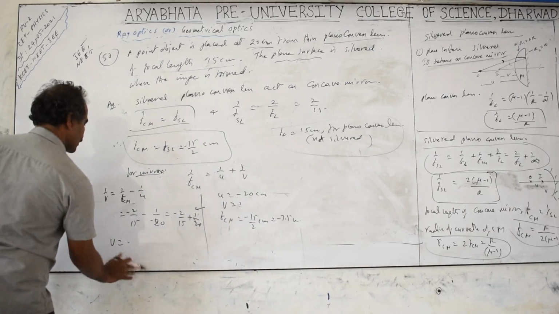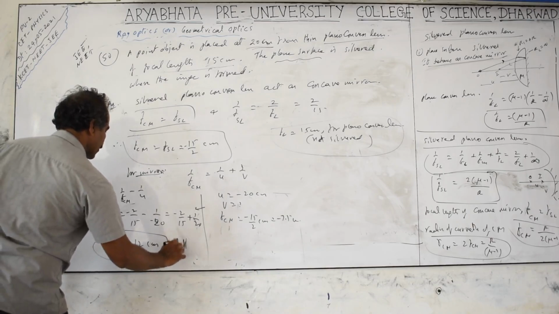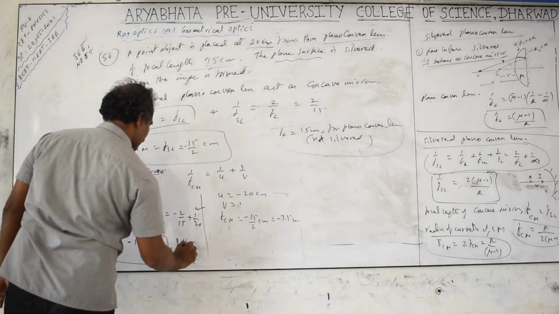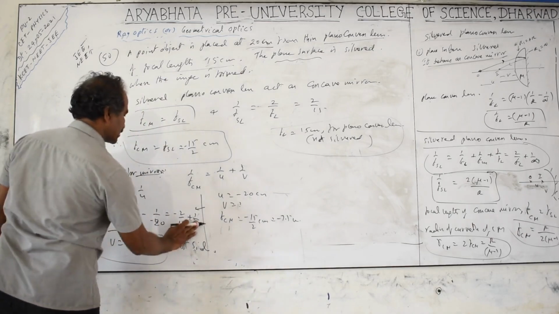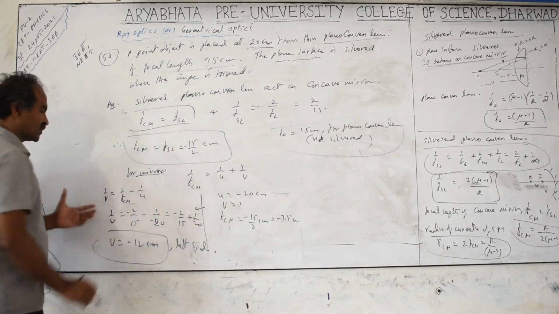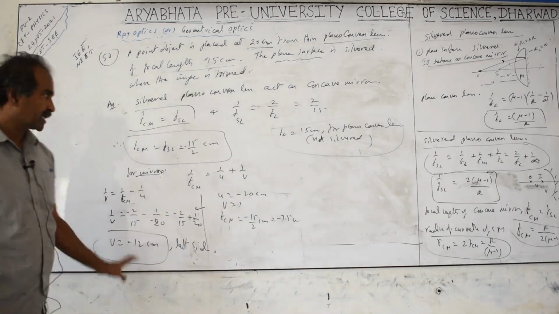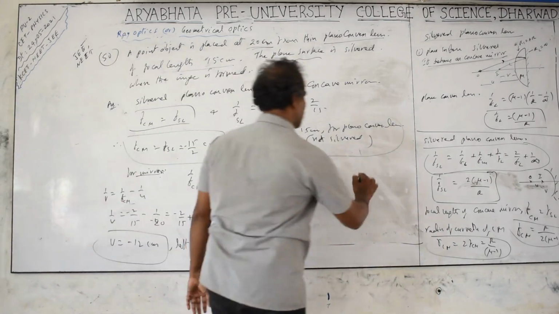You will get v equal to minus 12 centimeters. Check the calculations: take the LCM, which gives 1 by v, then take the reverse of it, and you will get minus 12. Minus means you are getting the image on the left side.